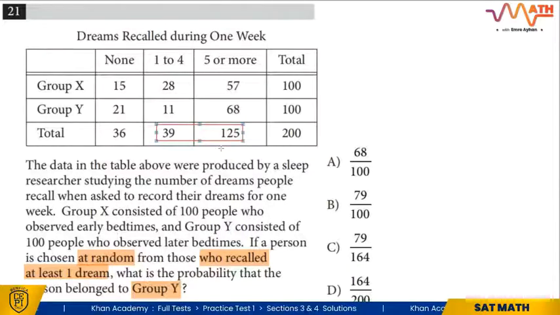Actually, when you look at the options, only C has 164 as the denominator, so you can directly say the answer is C. But let me show you why: Group Y, at least one dream recalled, the total will be 79. So the answer is 79 over 164.